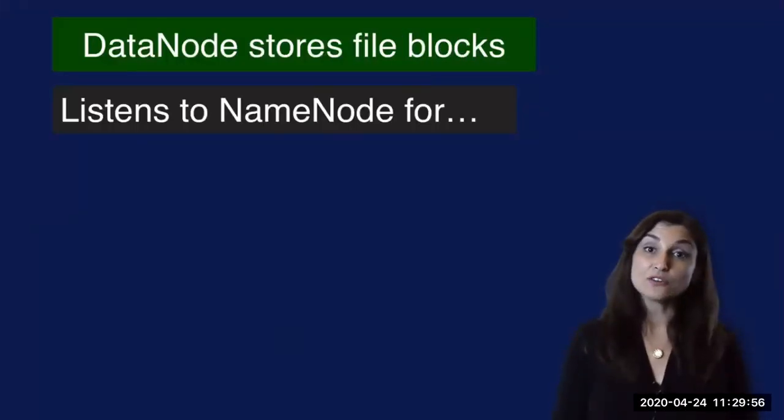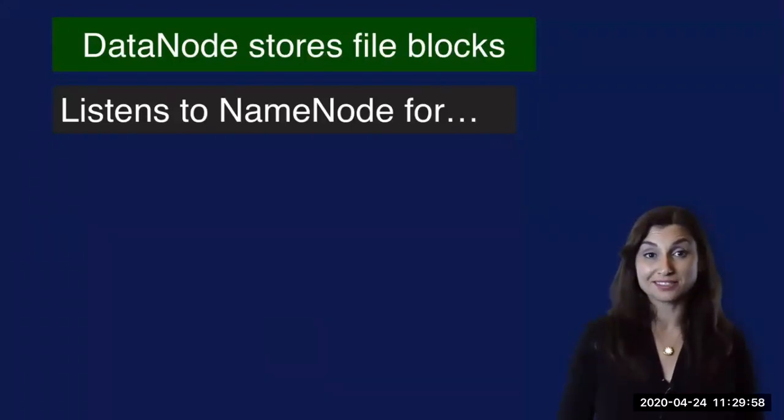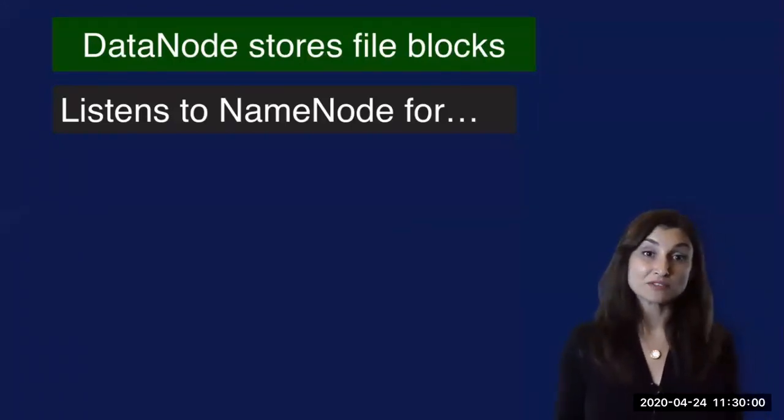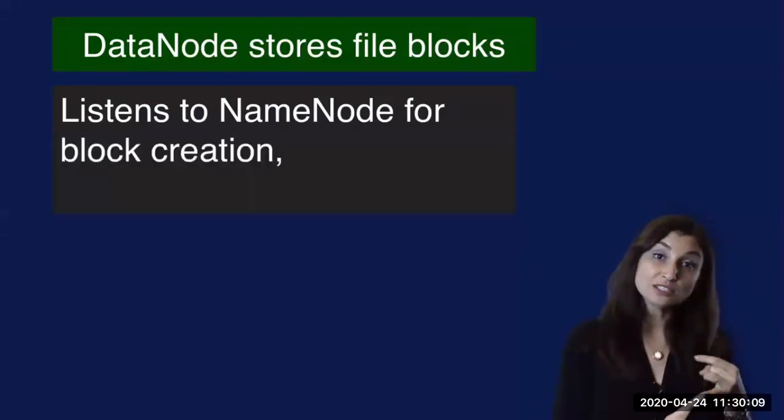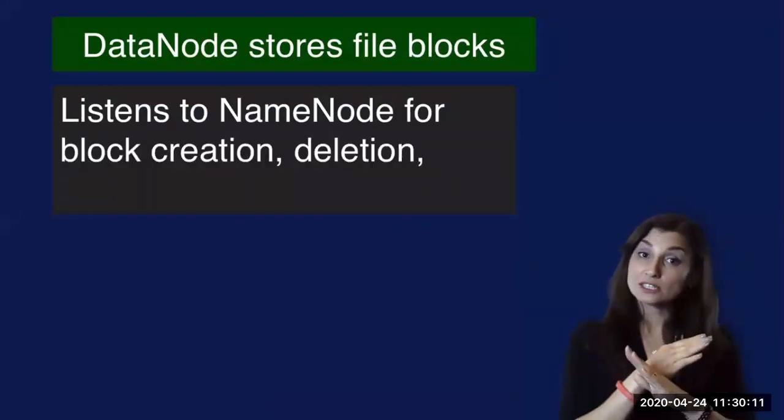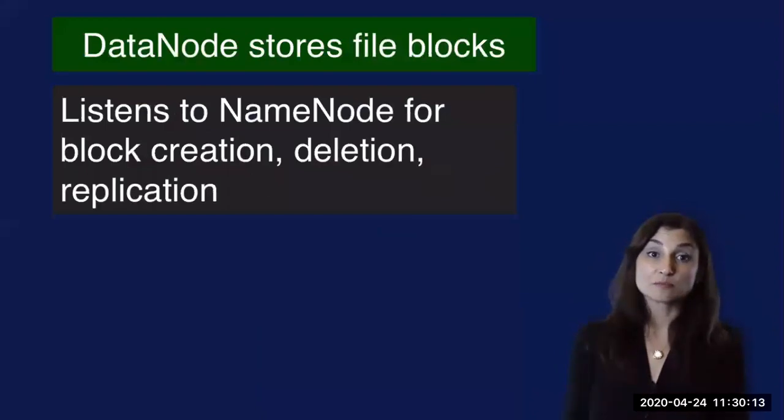A data node runs on each node in the cluster and is responsible for storing the file blocks. The data node listens to commands from the name node for block creation, deletion, and replication.